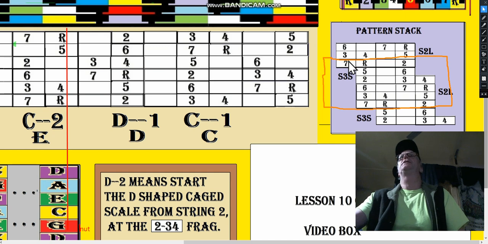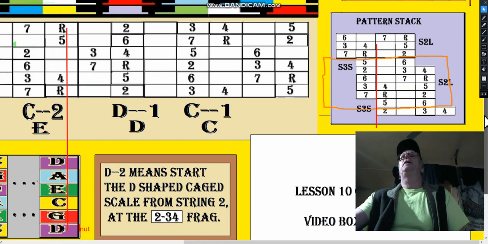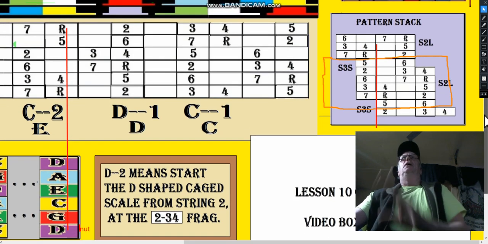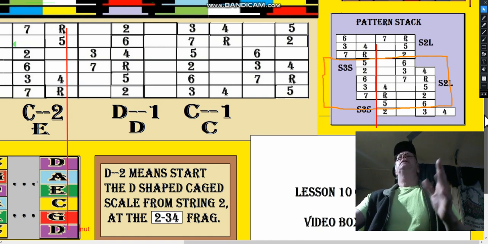We would lose that 7 because our fretboard has a nut right there. So let's just say that was where our nut was. When we move it up, when we started, say, from the 5 there, all right, that's legal because we've got a P4 tuning guitar.